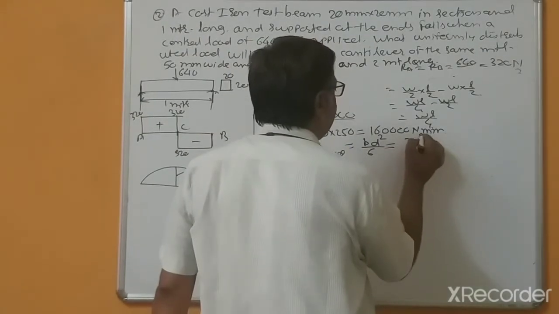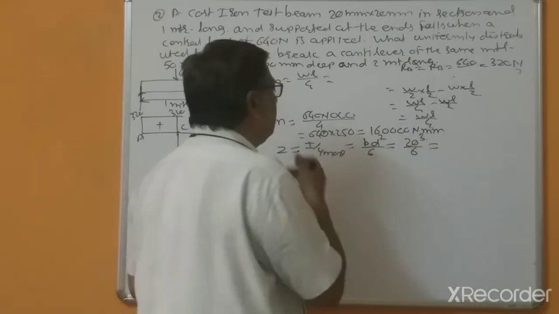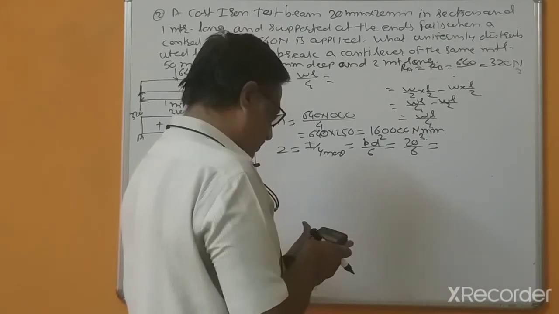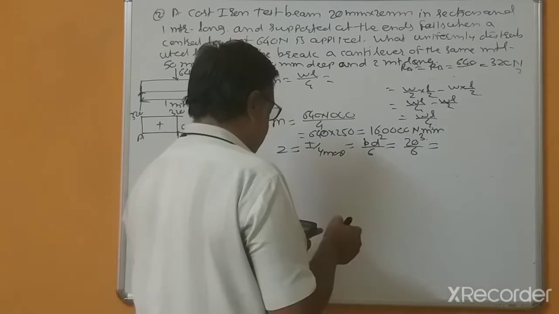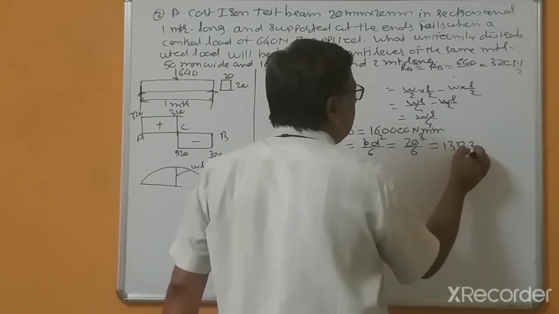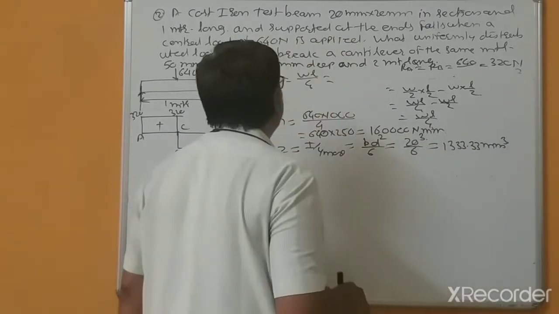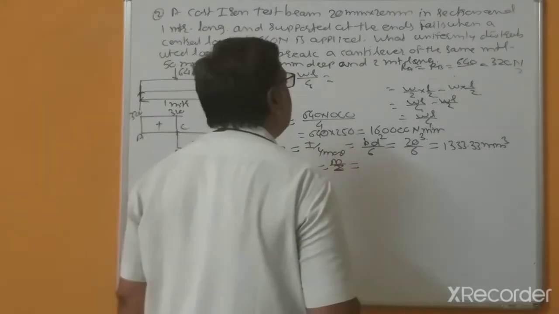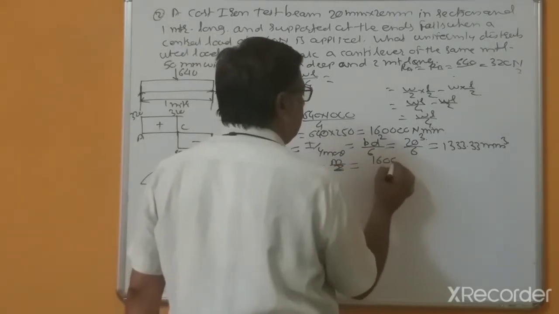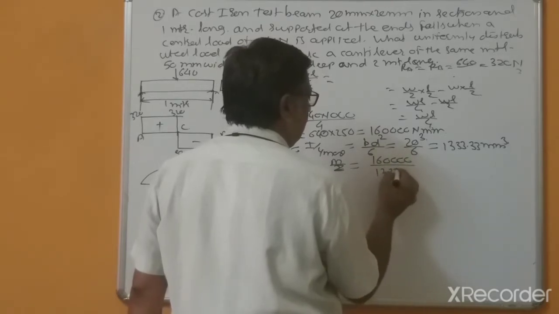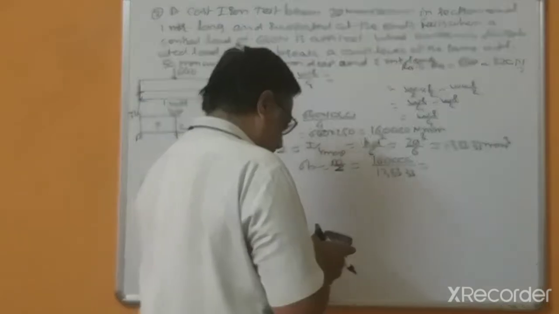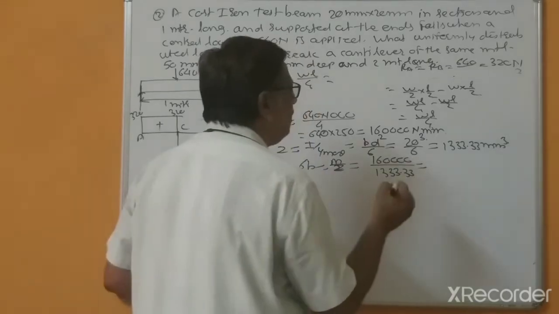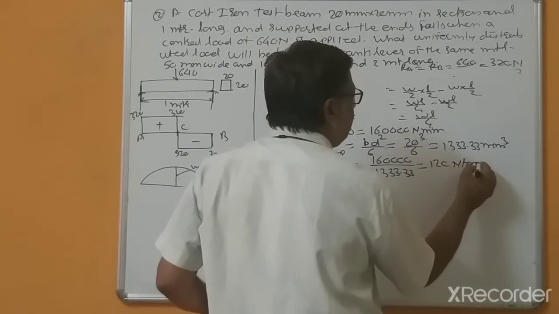So this is 20 cube divided by 6, because this is 20 cube divided by 6 equal to 1333 mm cube, and sigma B equal to M by Z, equal to 120 Newton per mm squared.